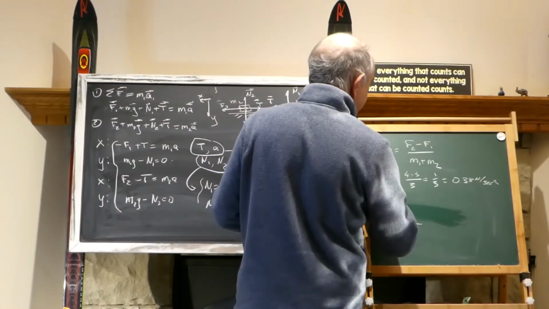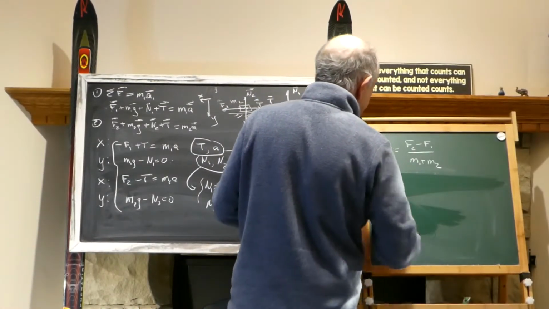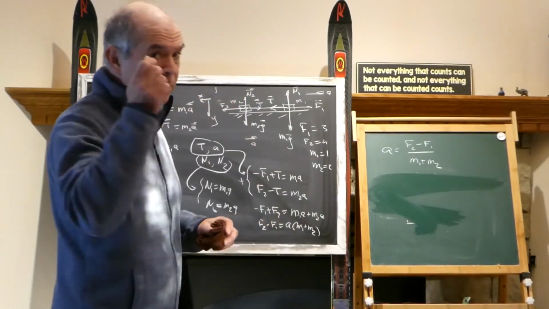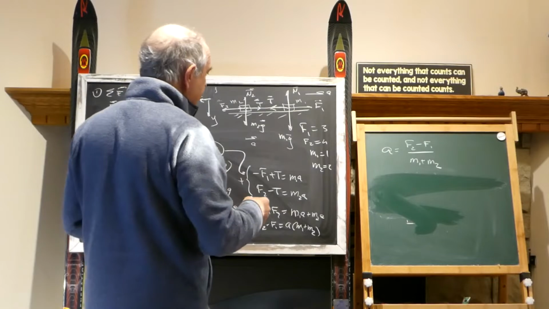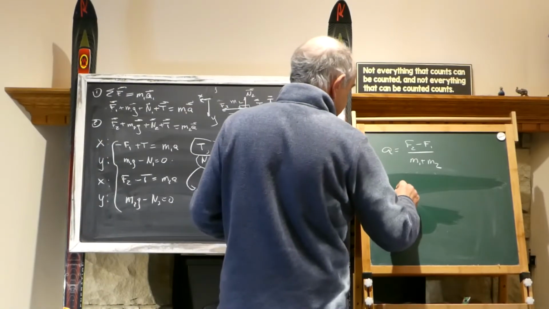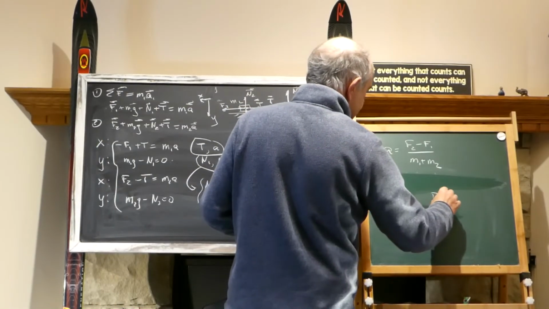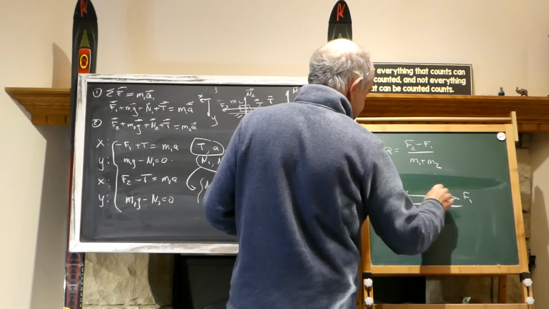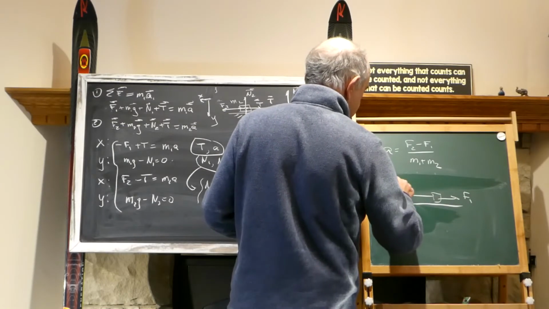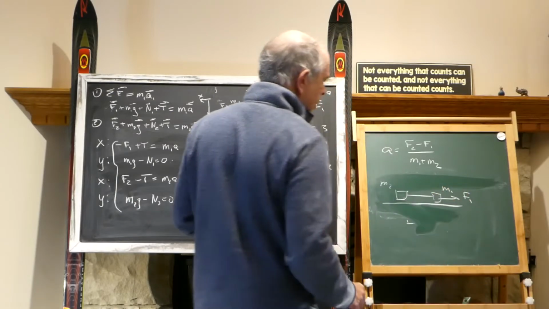Let's do one more thing with this. Let's discuss what happens in the previous problem. Remember the previous problem, when there was only one force, F1, and the rope, and M2, and M1.